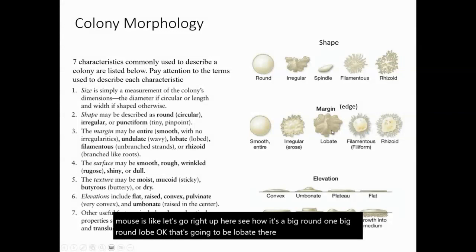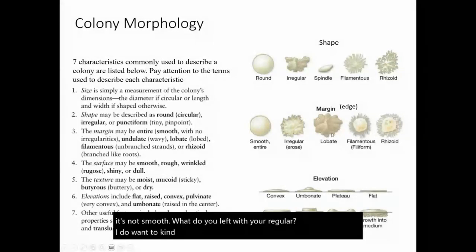There are clear lobes on the edge of this colony. Irregular is when it's just kind of all over the place. There's not a bunch of clear big lobes. It's not filamentous, it's not rhizoid, it's not smooth. What are you left with? Irregular.